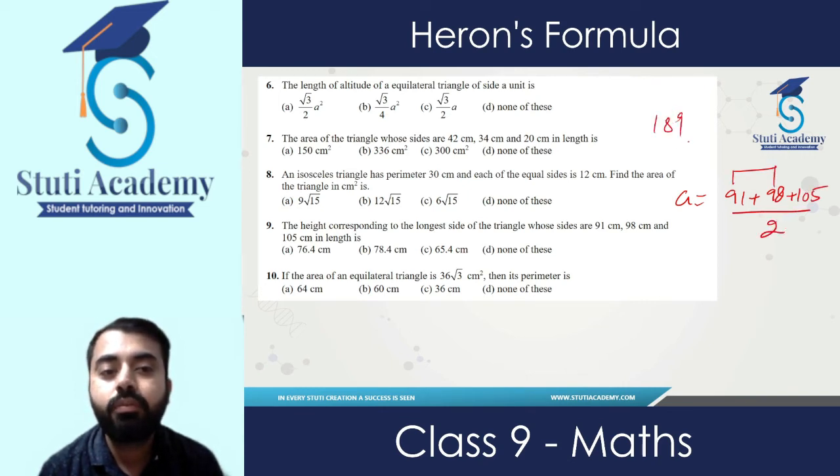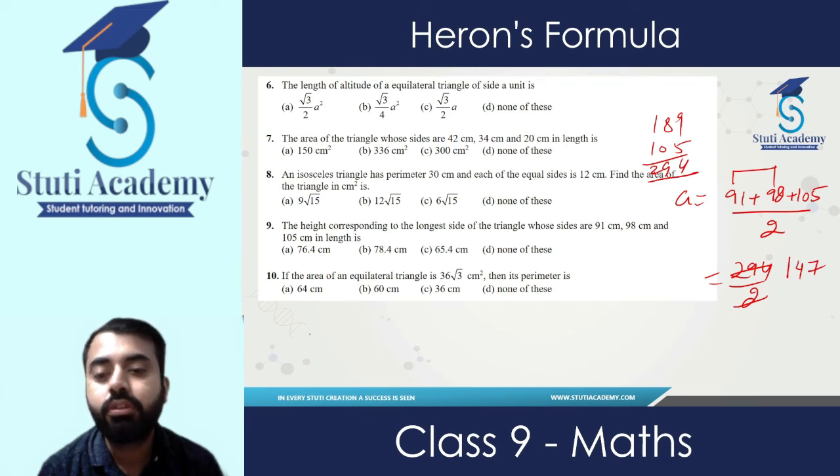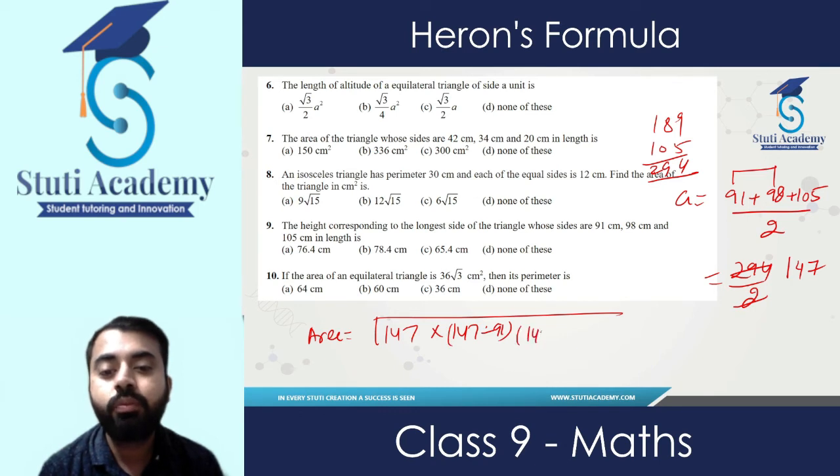s is 91 plus 98 plus 105 divided by 2. It will be 189 plus 105, that is 294, divided by 2. You get 294 by 2. Solving this, you get 147. Area is now square root of 147 into 147 minus 91 into 147 minus 98 into 147 minus 105. 147 is what?